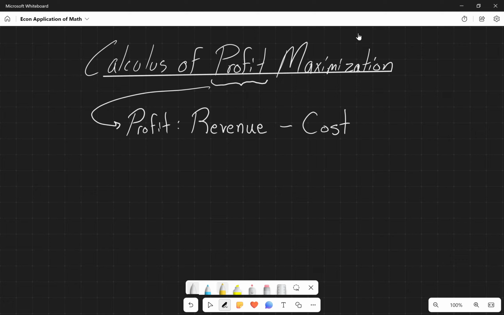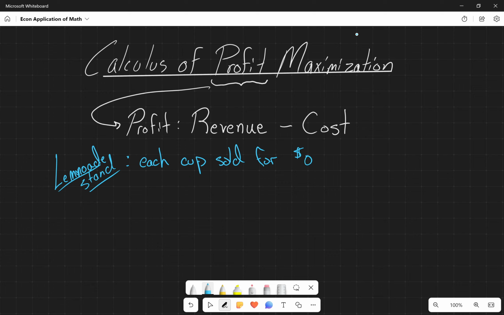And with these things, it's often best to use an example. So if we have a lemonade stand, and if I tell you that each lemonade is sold for 50 cents, and if I tell you that you sit outside for 8 hours, and that's going to result in 500 cups that are sold.